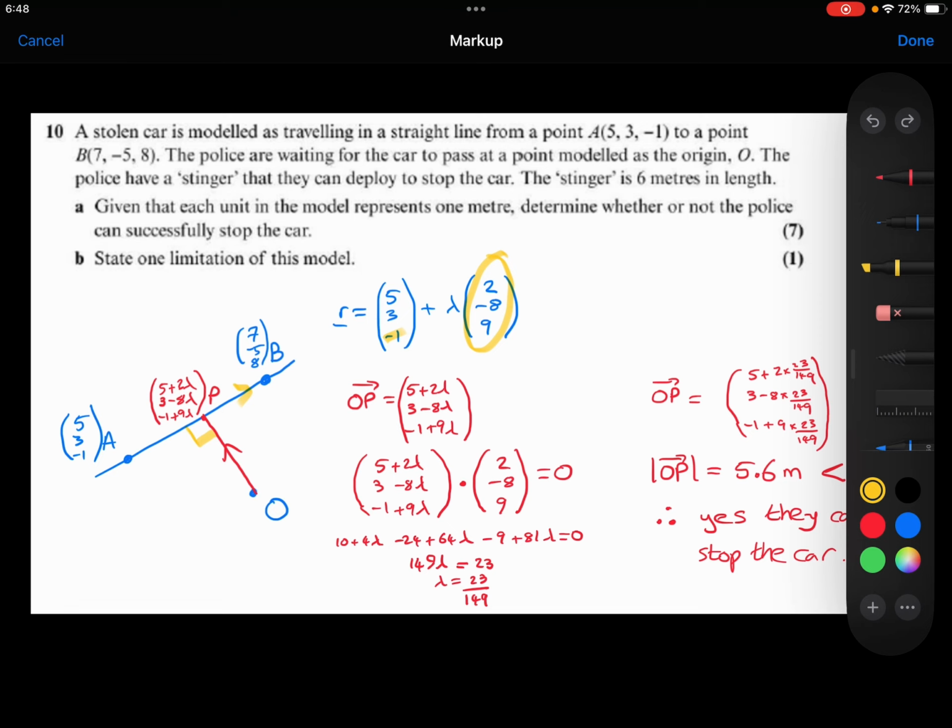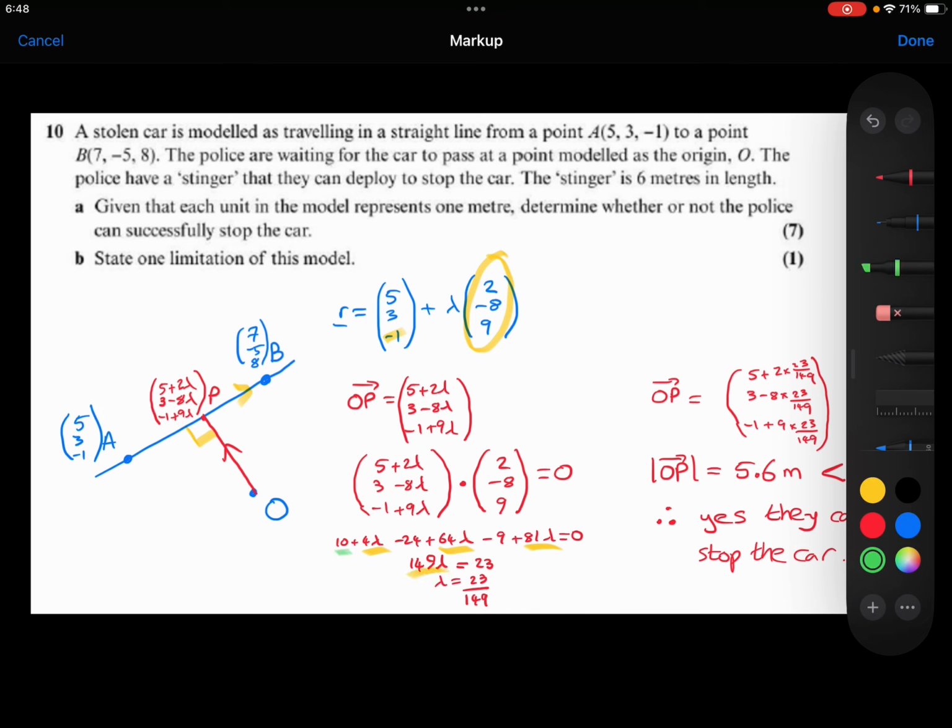Multiplying these vectors out, and then collecting up the like terms together. So the 4 lambda plus 64 lambda plus 81 lambda.